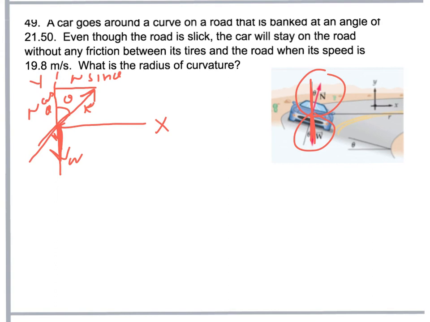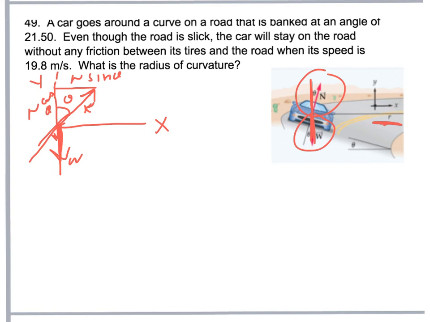So what's our problem asking us here? The road's slick, but the car is going to stay on the road without any friction between the tires and the road when the speed is 19.8 meters per second. So we want to calculate the radius of that circle.